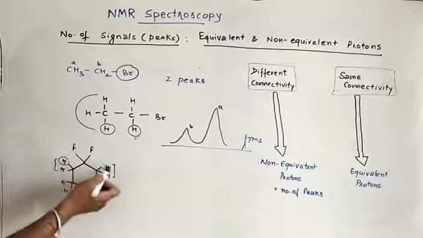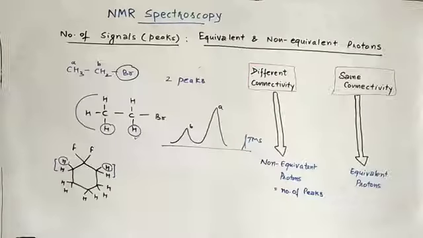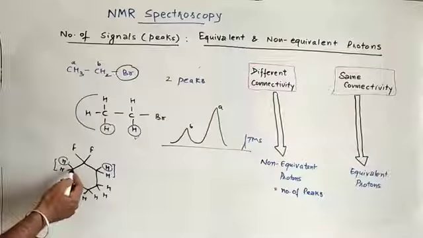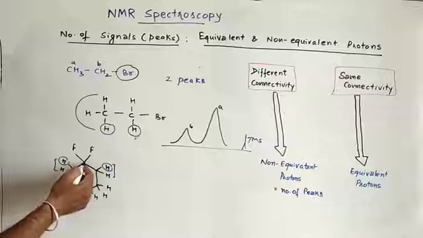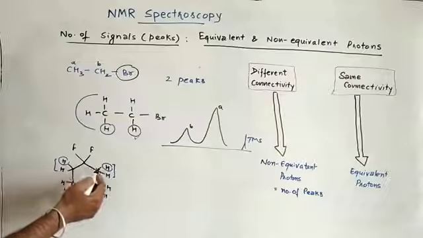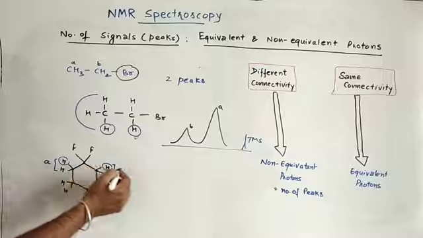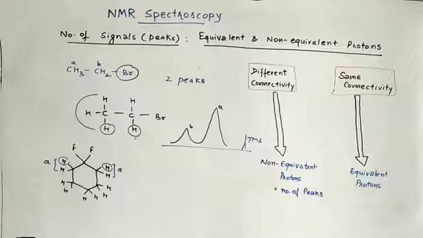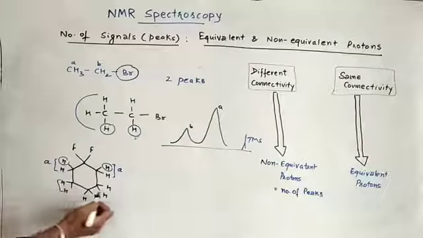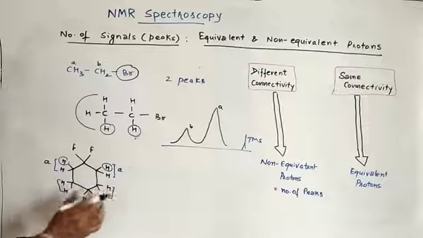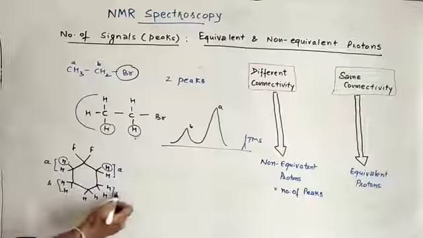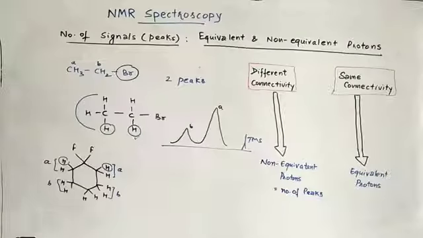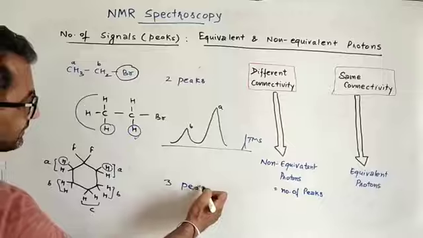Intercomparison. This proton and this proton, they are equivalent. You can see that this proton is connected to carbon which is connected to CFF. Again this is carbon to CFF. Same thing. It means these give signal 1. These protons are different, but these 4 are the same. They will give us a different peak. And these 2 protons at the bottom side, they are different from all, they give C. So this molecule gives 3 peaks.